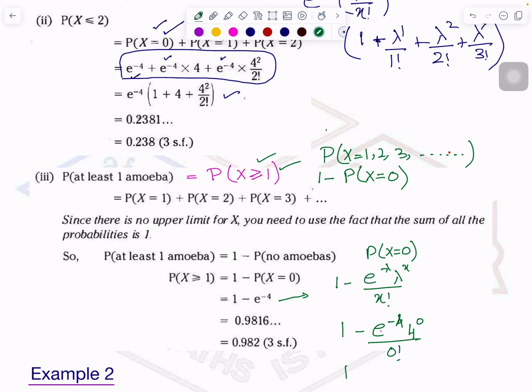And you know anything to the power 0 is 1. And 0 factorial is also 1. So what are you left with? This thing. So always remember, when it is x equals 0, then in the formula, these things become 1 and you are left with e power minus lambda. And that's why it is written like this here.